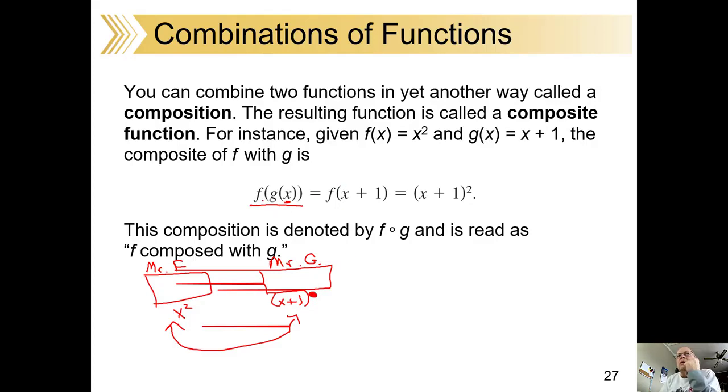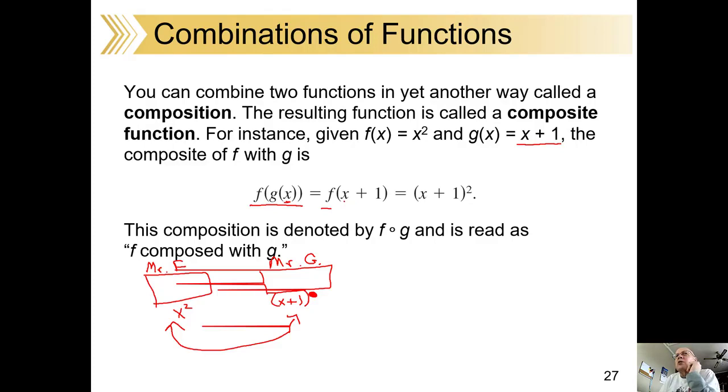First of all, work from the inside out. So f, while you're working with Mr. G, he takes a coffee break. What does G do? Well, he looks at that x, and G takes whatever he gets and adds 1 to it.